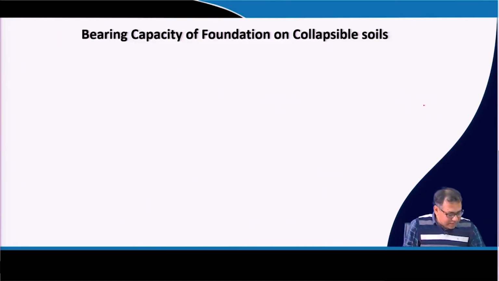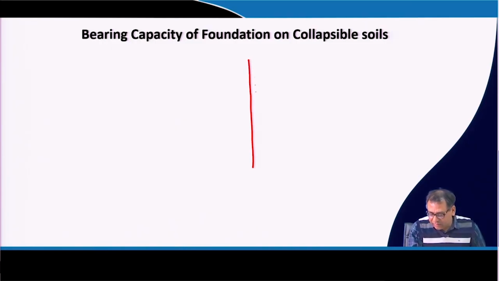The next one is how I can calculate the bearing capacity of the foundation in collapsible soil. So, we have to do the field test, or field plate load test. Once we get the plate load test data, we will plot the load versus settlement.